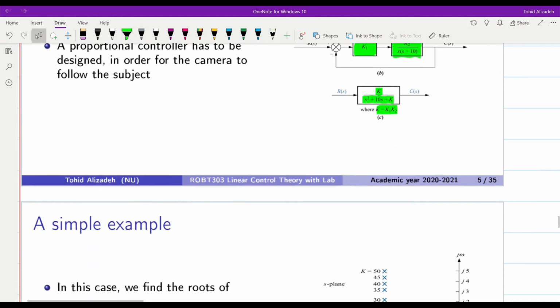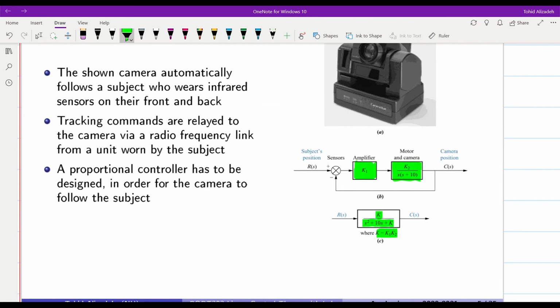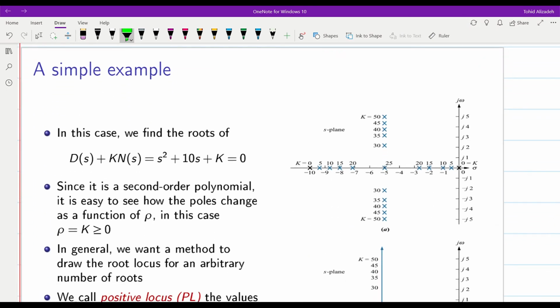Now, we can assume that K2, which is for the camera and motor, is constant, and then as K1 changes, the value of K will change. To find out the poles of the closed loop system, we set D plus K times N equal to 0, which is S squared plus 10S plus K equal to 0, the denominator of the closed loop system.